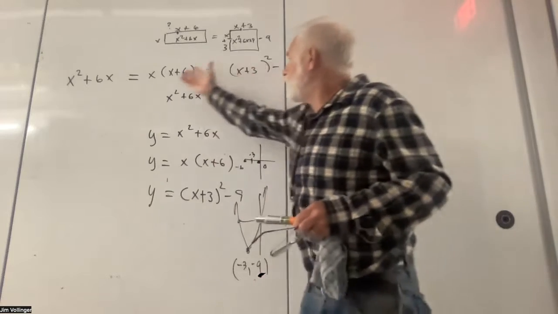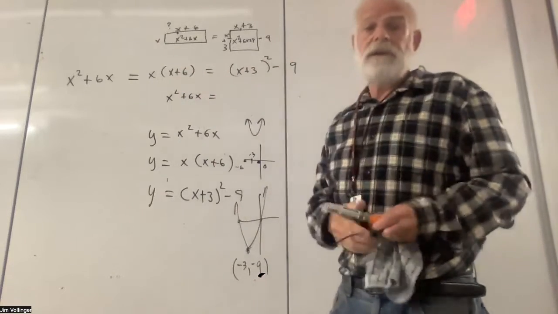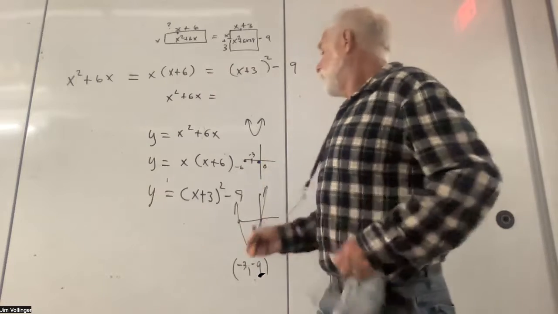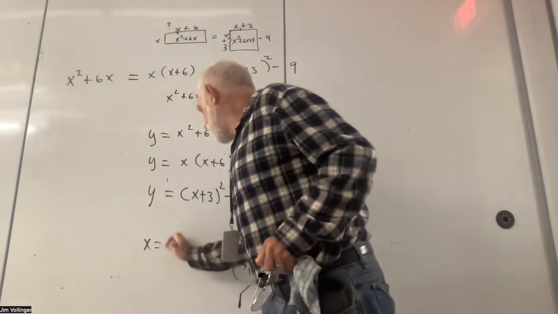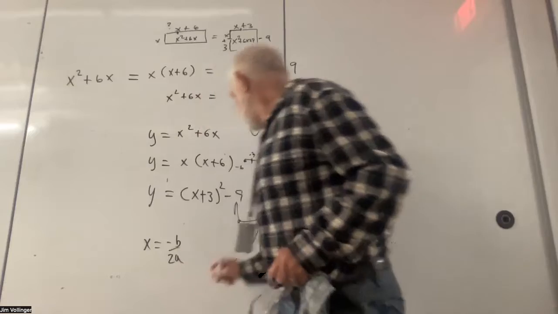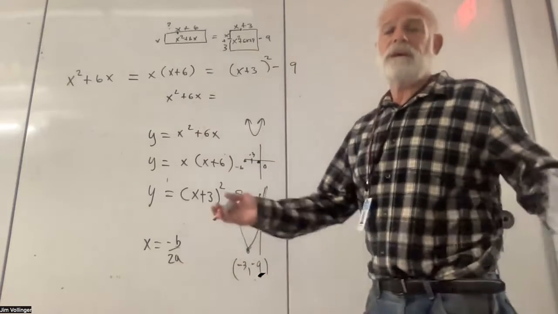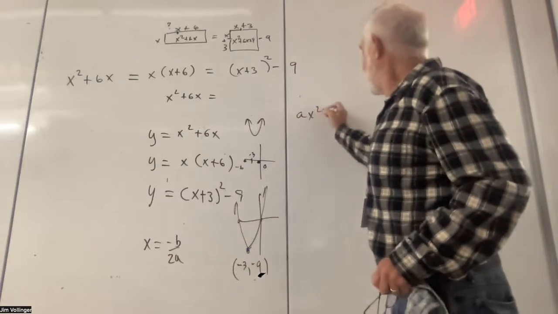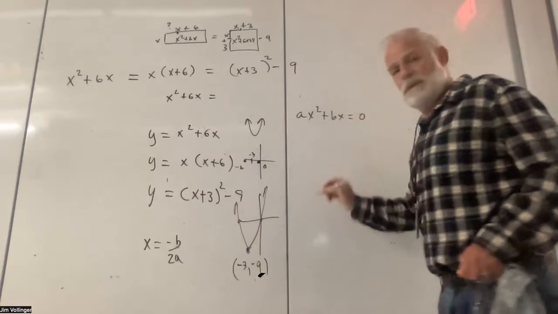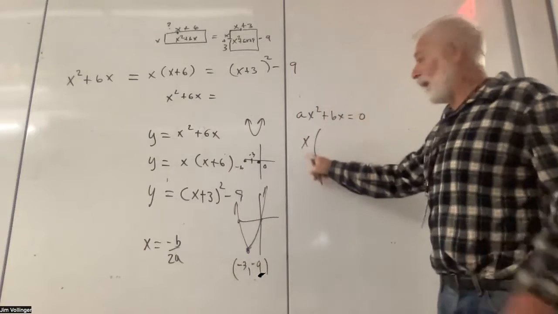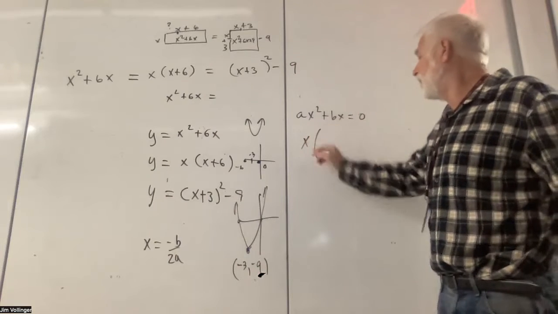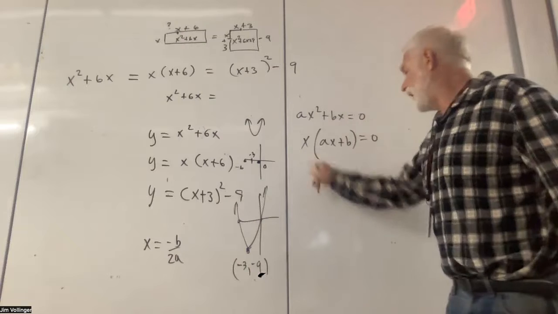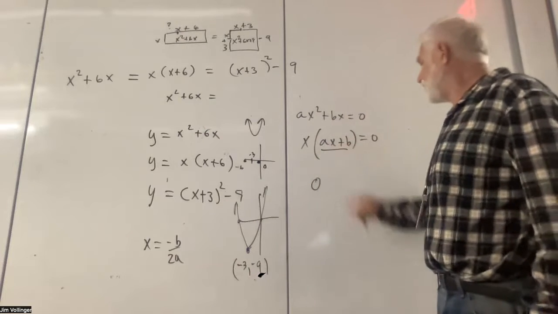So this completing the square process, you've been studying. How do you complete the square? We've been studying x equals minus b over 2a, which is the average of these roots. Can show that by factoring ax squared plus bx equals 0. We've been practicing that skill, taking out what's common, leaving us ax plus b equals 0. And those are roots at 0. And what makes that 0?